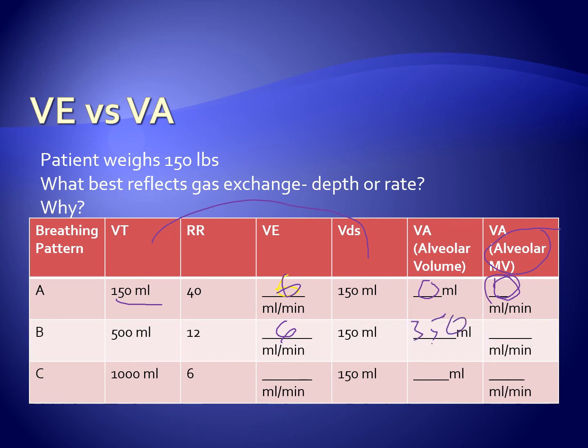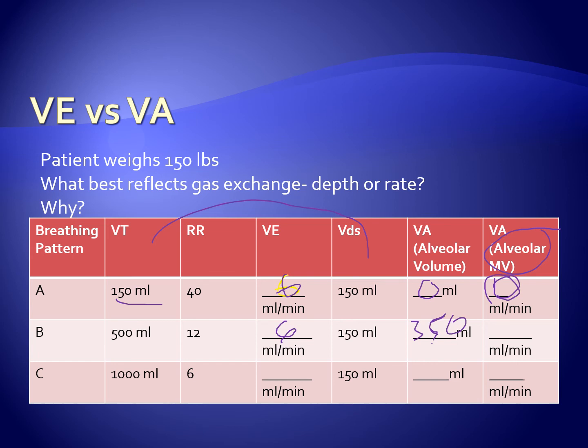So we actually have exchange of gas with the bloodstream. We have 350 mLs of CO2 and O2 actually exchanged with the patient's bloodstream. So over the course of a minute, I want you to now figure out this patient's alveolar minute ventilation. You're going to take 350 times 12.